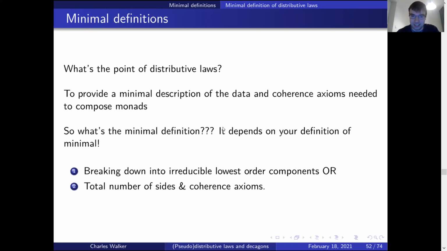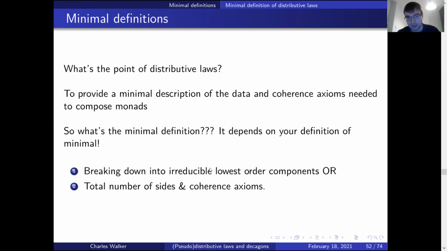And the surprising thing is that this depends on your definition of minimal. There are two definitions of minimal you might use. One would be to break down into the irreducible lowest order components. The other definition of minimal you might use is the total number of sides all the shapes have and the number of coherence axioms.